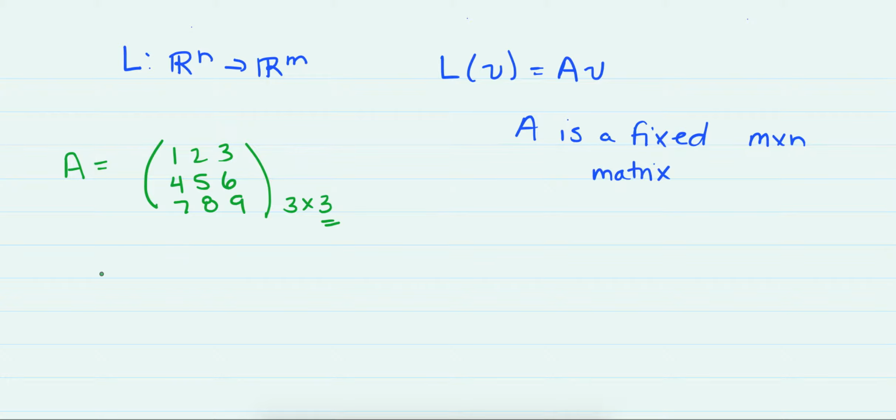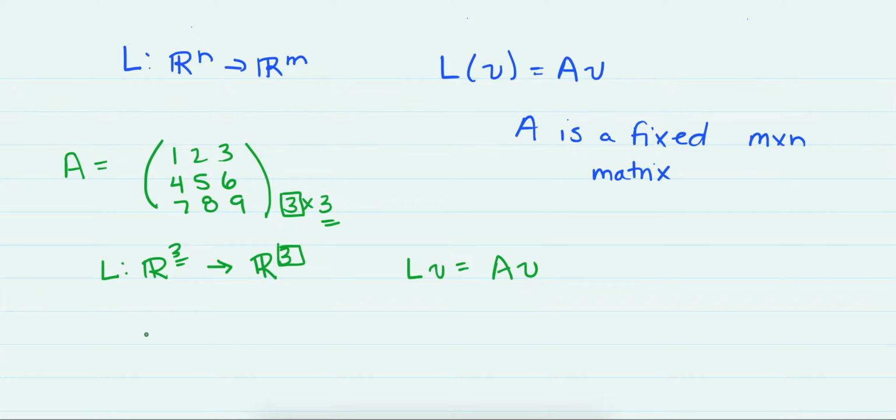This tells us that we can take R3 into R3 by multiplying any vector in R3 by this matrix. So any matrix you come up with is a linear transformation from a vector space Rn into Rm.